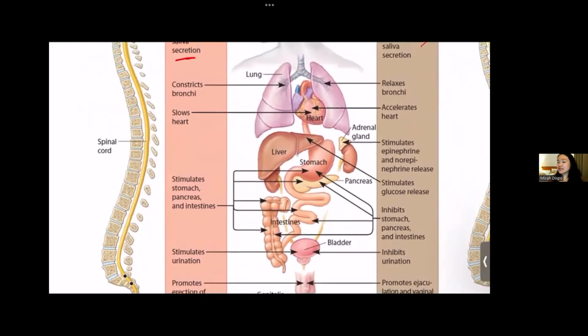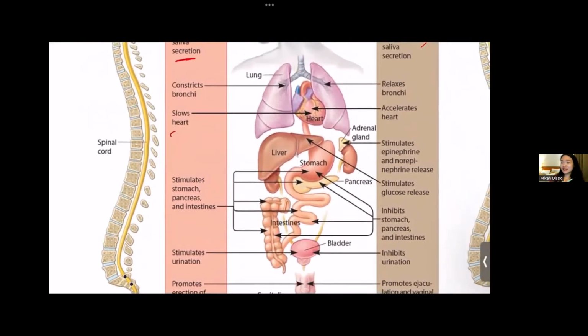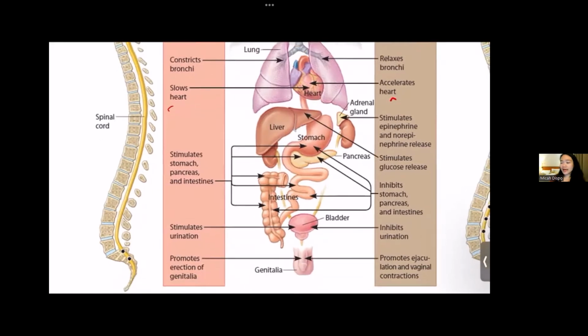During the rest and digest, our heart is slowed, all right? While at the fight or flight, the heart rate accelerates. Okay, what else? For the bladder, during the rest and digest, this would stimulate urination, while at the fight or flight, this inhibits urination. So if you'd notice, pag nasa fight or flight response ka, hindi ka naihi. Okay, anyway.